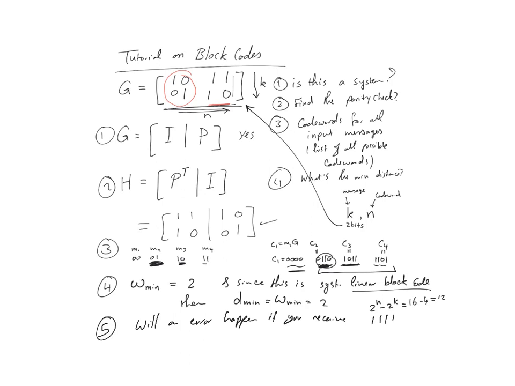To answer this, if you have the list of all possible code words in front of you, and this is not one of them, then yes, an error will happen. Or the more classical way, if you don't have the full list of code words, is simply to multiply this by your parity check matrix and see whether the result is going to be all zeros or not. So 1, 1, 1, 1 multiplied by H.